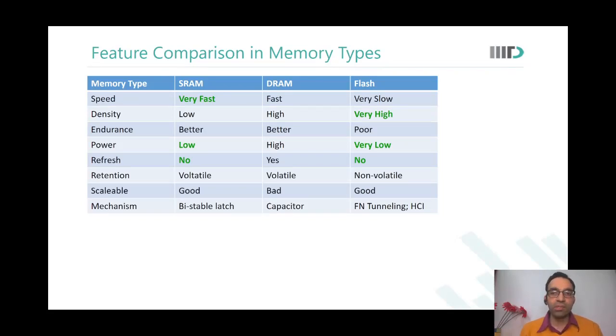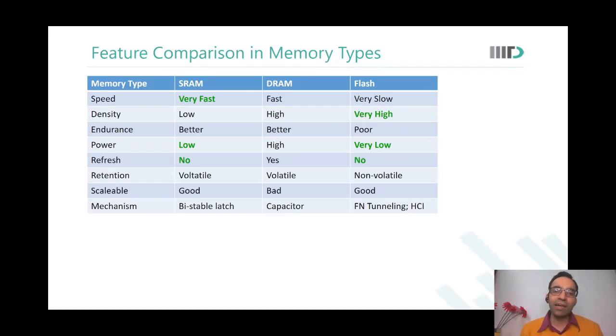Flash is much slower. The access time is of the order of a few microseconds. So flash cannot really be used as a cache. For cache purposes, you need an SRAM only. For L2 or L3 cache, you could think of DRAMs, but not flash there.